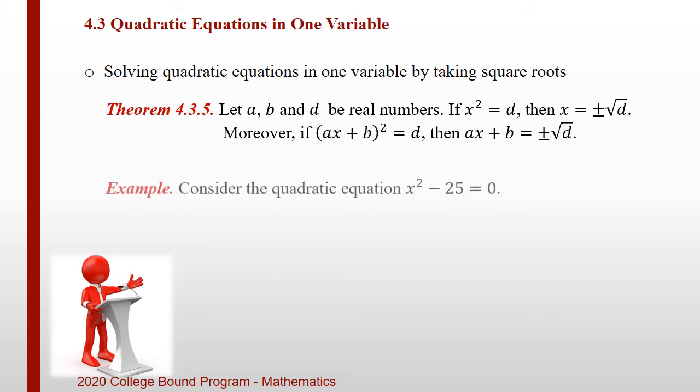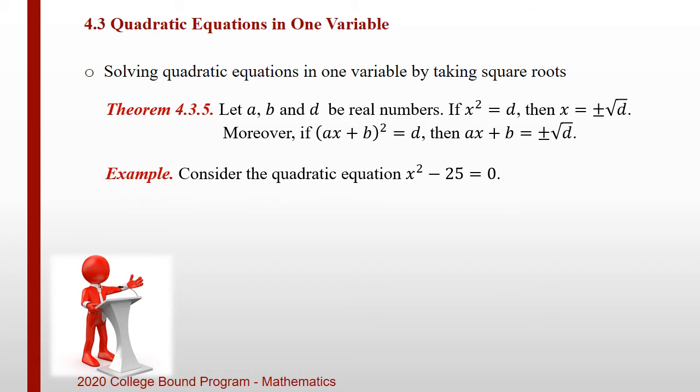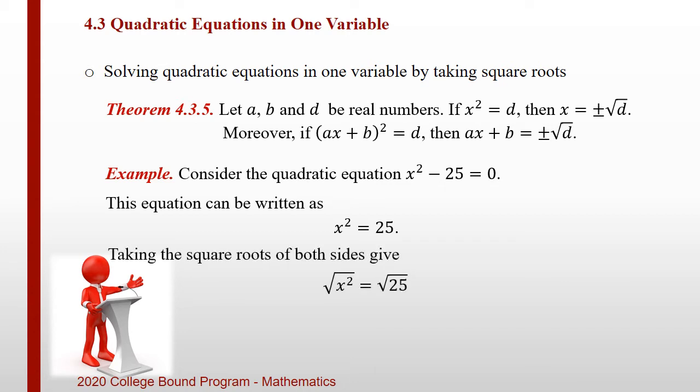To illustrate, consider the equation x squared minus 25 equals 0. Note that this equation can be written as x squared equals 25. Taking the square roots of both sides gives the following. We know that the square root of x squared equals x, but since x is an arbitrary variable, we consider the positive and negative square roots of 25.